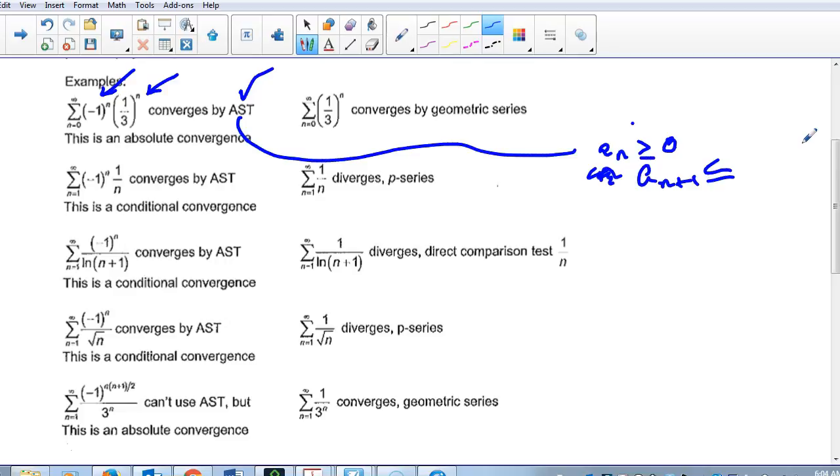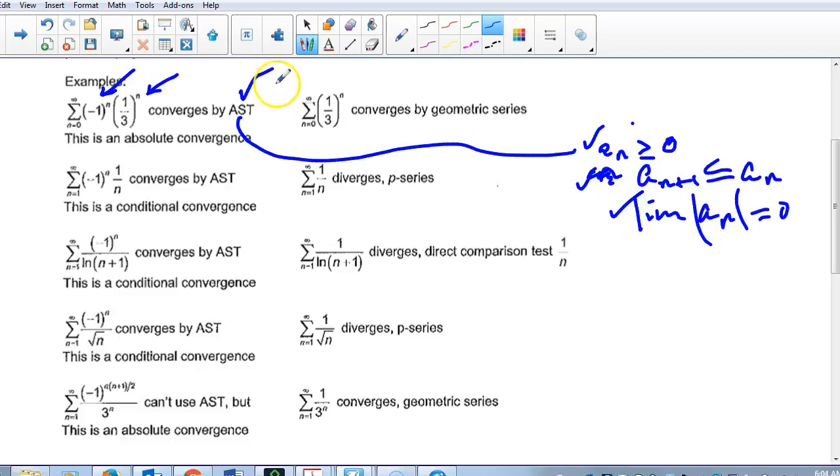So I just want to make triple sure that I'm not lying. No lying shall occur. Yes, it's greater than or equal to 0, and a_(n+1) is less than or equal to a_n, so decreasing. And I have to make sure that the limit of a_n is equal to 0. If all of those check out, if it's positive, decreasing, limit is 0, we say it converges by alternating series test.